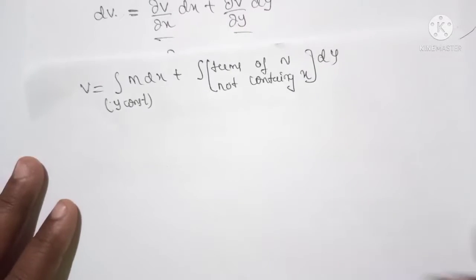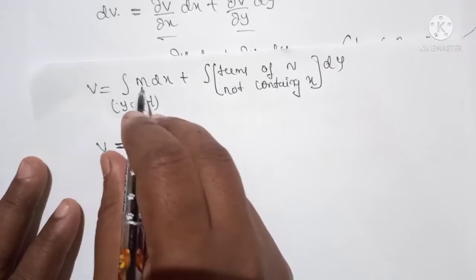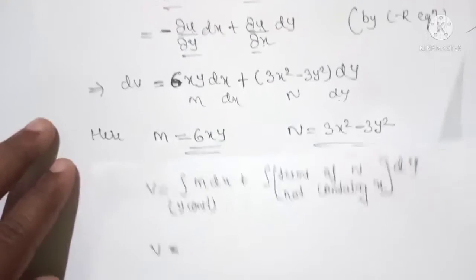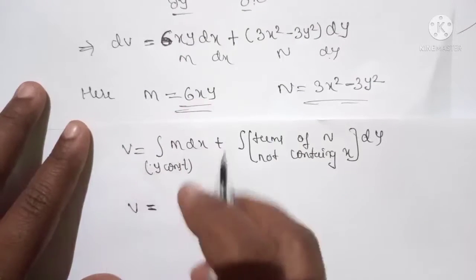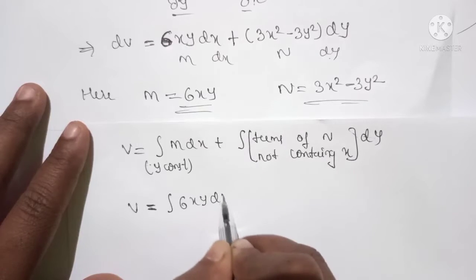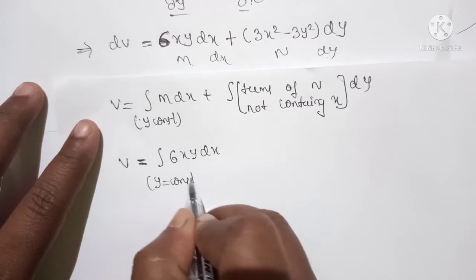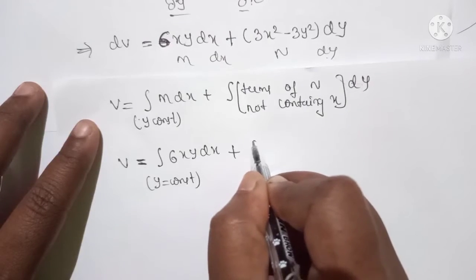So therefore v is equal to integration of M dx. We write the terms of M, that is integration of 6xy dx, but in this case we have to treat y as constant, plus integration of terms of N not containing x.